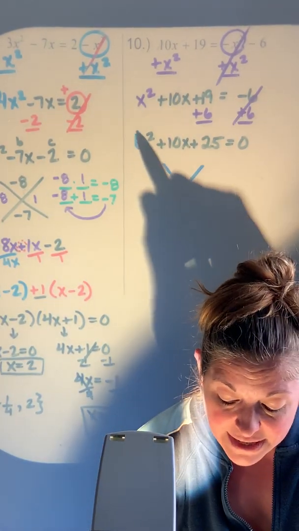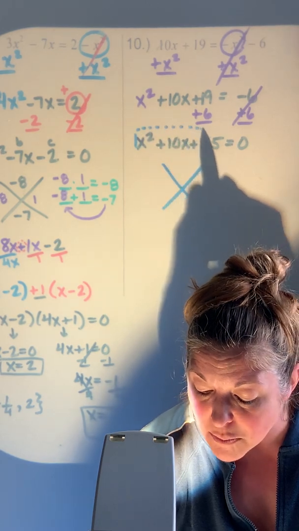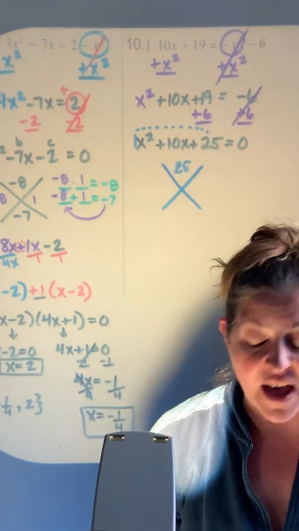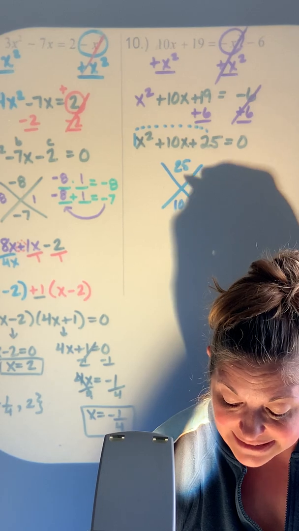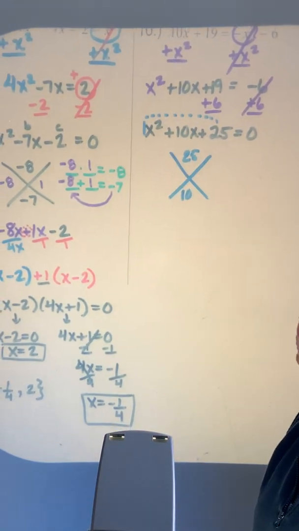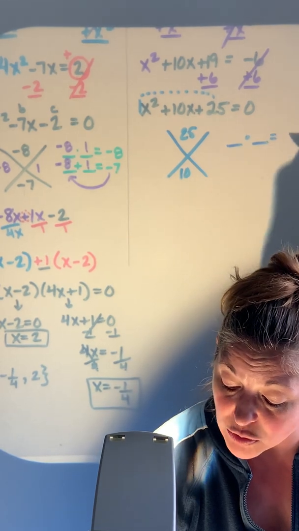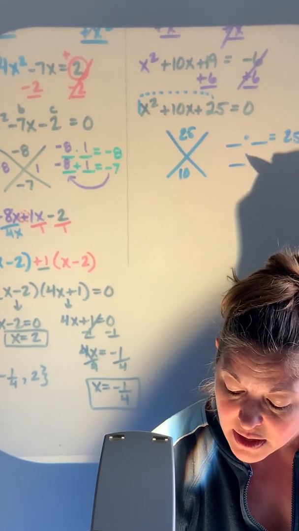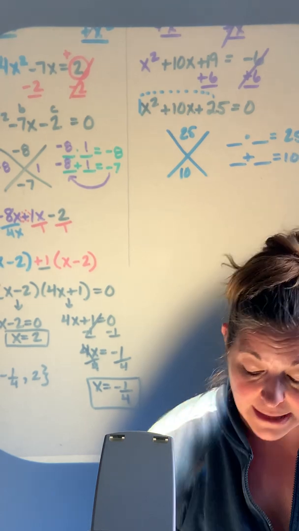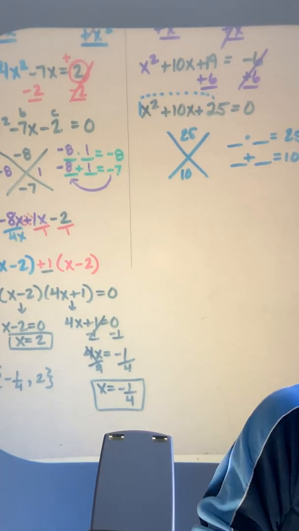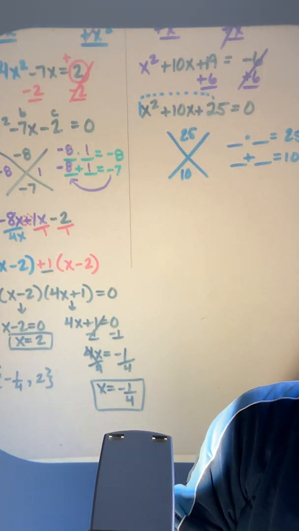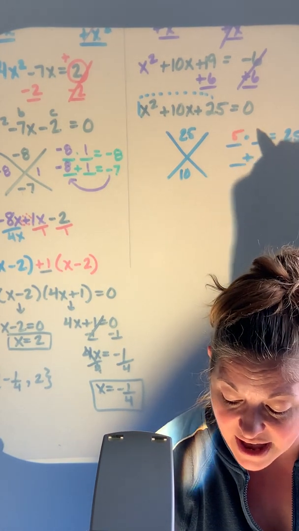We still have to say, what's going to multiply to be 25 and add to be 10? Again, just to clarify, we're looking for two things that multiply to be 25 but add to be 10. And hopefully by now you guys have all figured out it is 5 and 5.